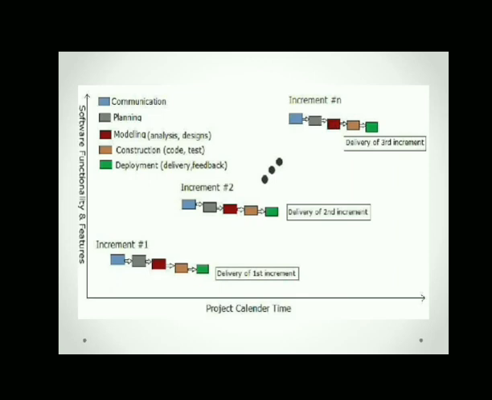In the fourth phase, the construction phase, coding and testing are performed, that means here we actually start implementing the product. And the last phase is the deployment phase, where we deploy the software product. So these are the five phases of the software development life cycle.